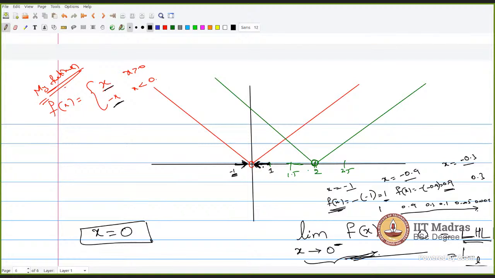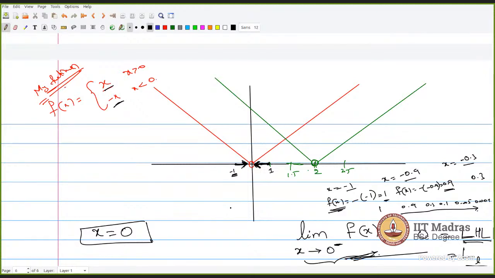And what about continuity? At point 0, because left and right hand limits are equal, it is a continuous function, right? Do I have to discuss continuity here itself? It's a week 8 topic, right? Yeah. In the red graph we have seen the limit at x equal to 0.